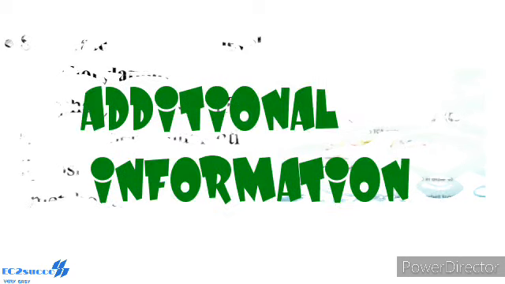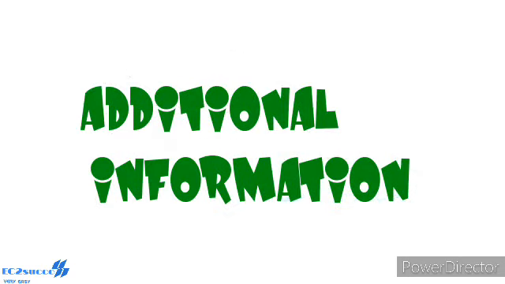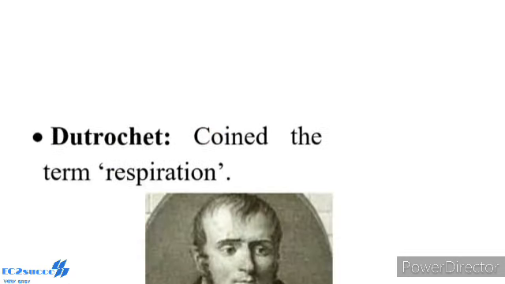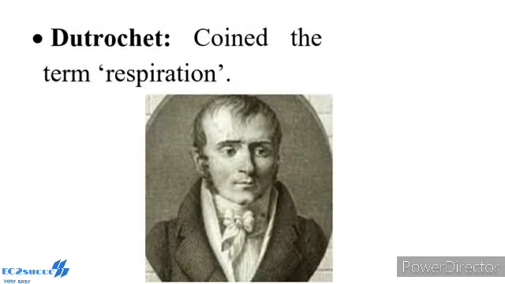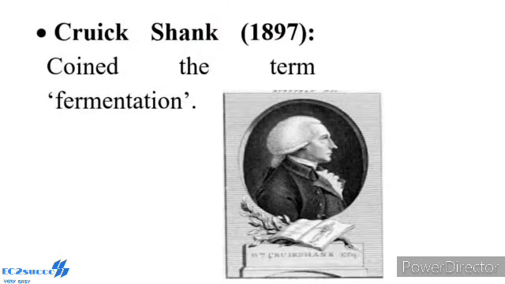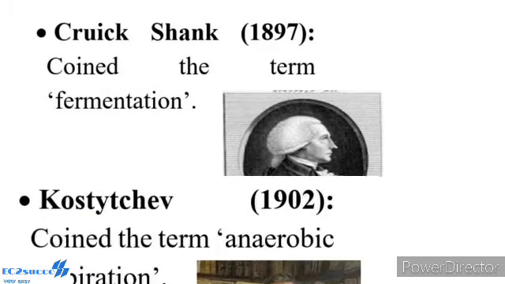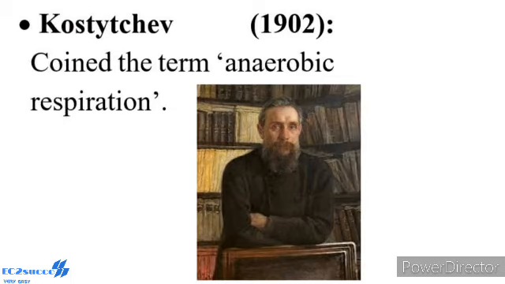Another one, additional information. Dutrochet coined the term respiration. Next one, Gruig Shang in the year 1897 coined the term fermentation. Next one, Kostychev in the year 1902 coined the term anaerobic respiration.